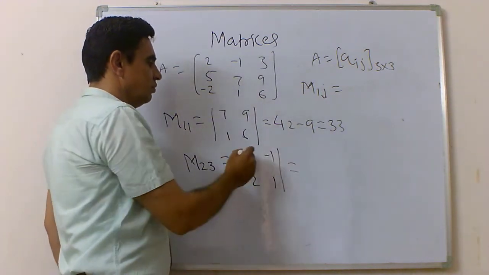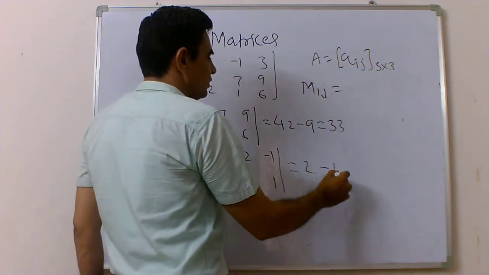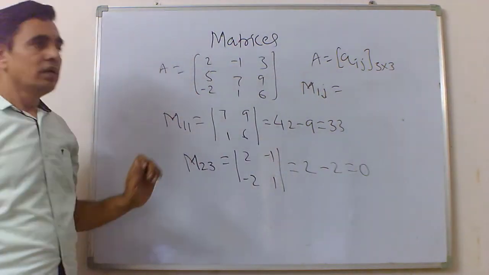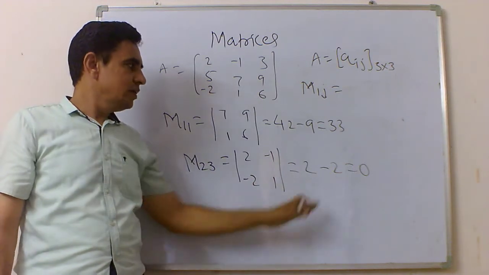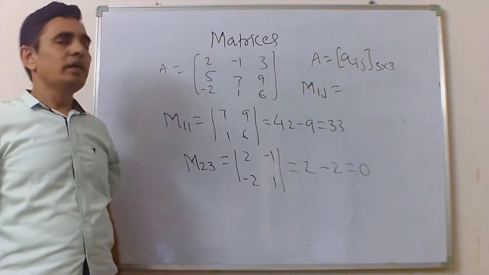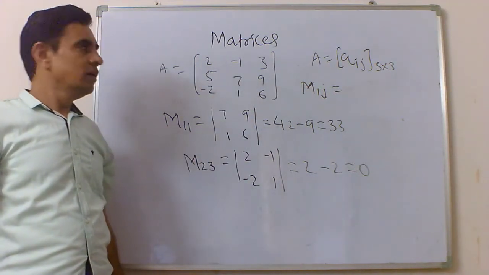That is equal to 1 into 2 minus (-2) into (-1), that is 2 minus 2, equal to 0. Minor of the element in the second row third column, that is minor of 9, is 0. In this way we find the minor of all elements of that matrix.